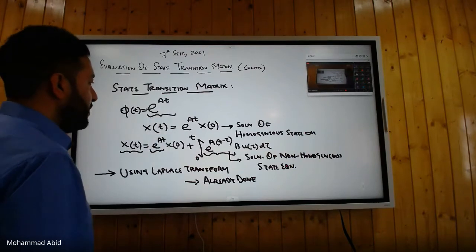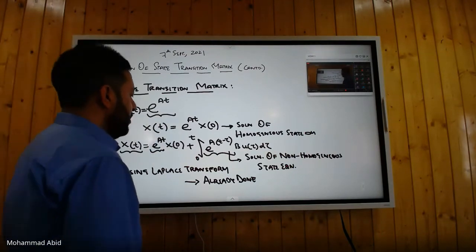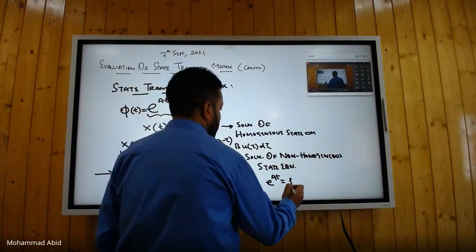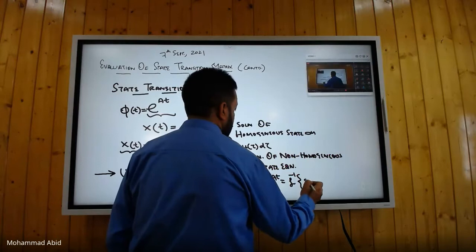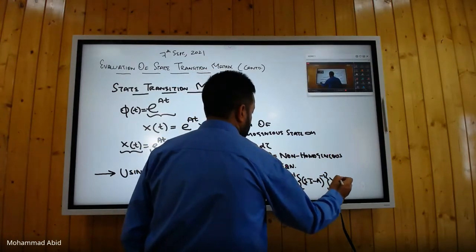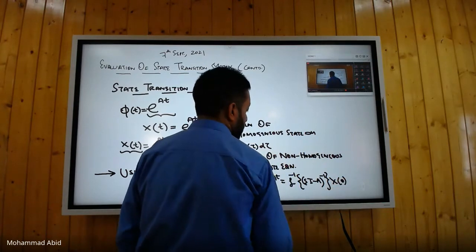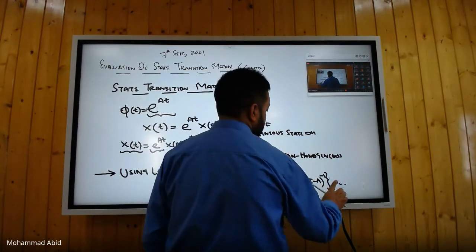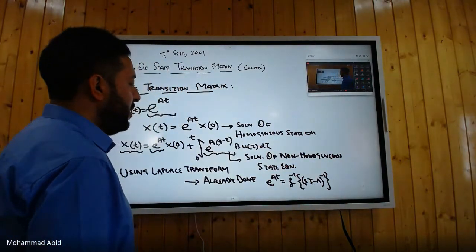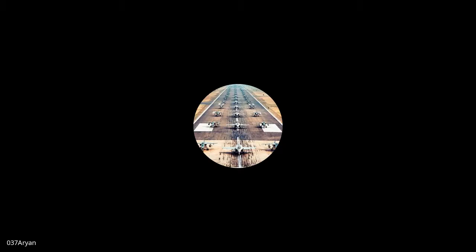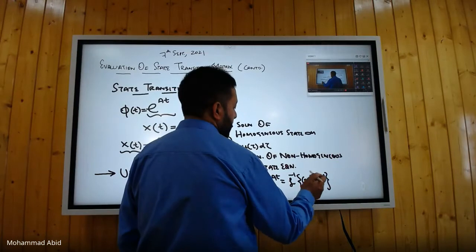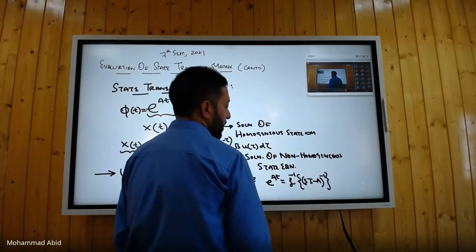In this method, we have seen that e to the power At can be obtained as the Laplace inverse of (sI minus A) inverse. Is that okay? Yes sir, we proved this last time. Evaluating (sI minus A) inverse involves mathematical complexity.